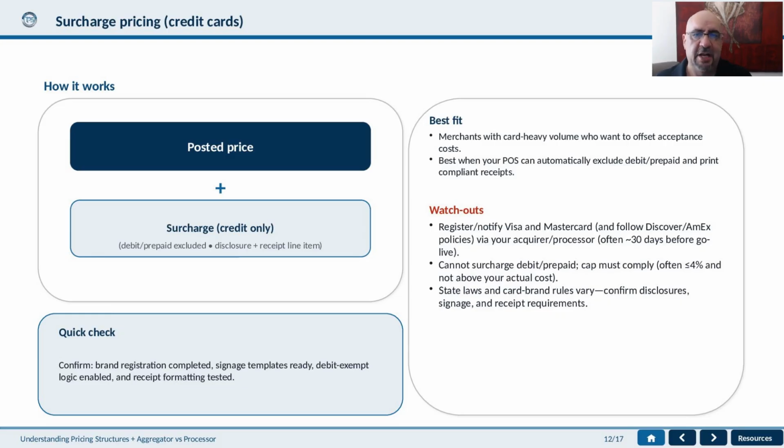So it doesn't need a PIN number. Your terminal should recognize that it's a debit card or a check card, and it should not charge that 3% to that customer. It'll pass through that interchange cost to the merchant. So basically, the merchant pays the interchange for the debit if it is a debit card. If not, the surcharge covers it as a credit card.